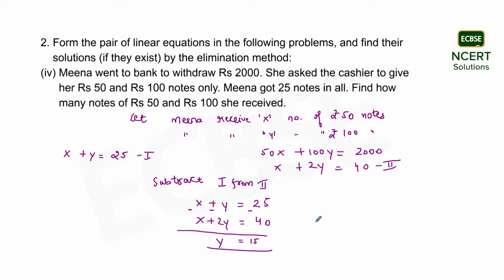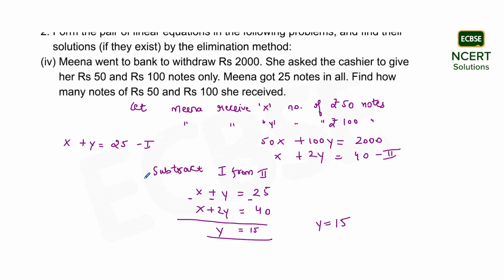Got it? So now substitute this value of y in either equation 1 or 2. Suppose I substitute in the first equation. So here x will be equal to 25 minus y. Substituting the value of y, which is 15, the value of x comes out to be 10.